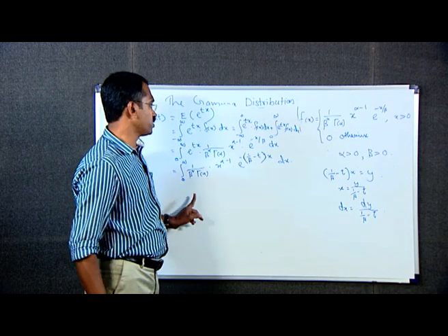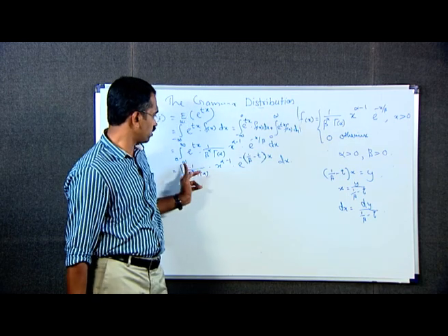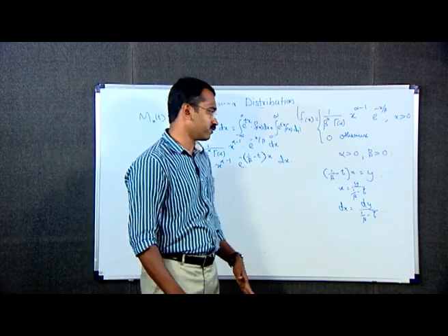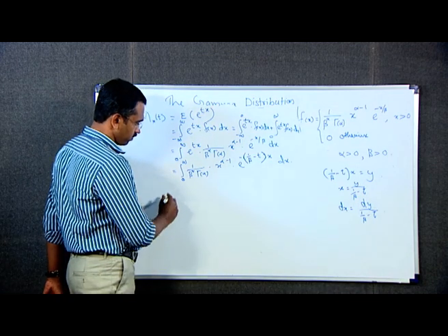When x is equal to 0, y is equal to 0, and when x tends to infinity, y also tends to infinity. Therefore, the limits of integration are the same.